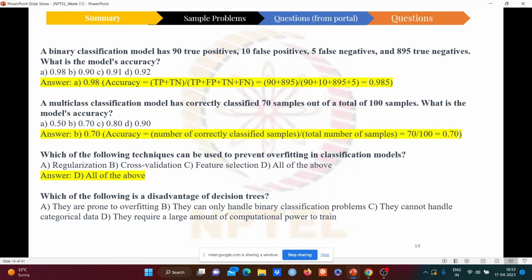The fourth one: which of the following is a disadvantage of a decision tree? We discussed a decision tree to be a non-parametric method of solving a classification problem.